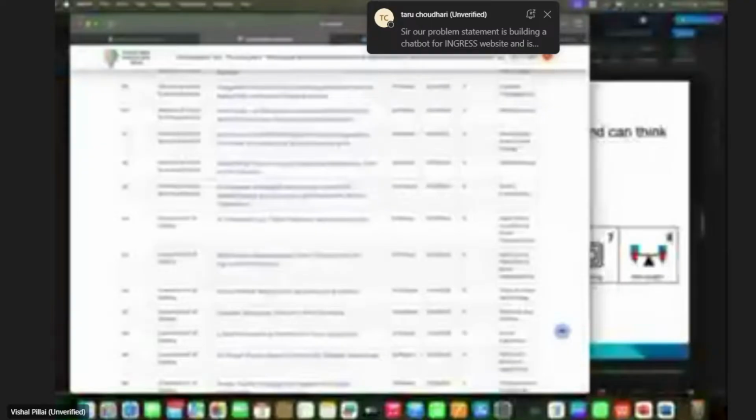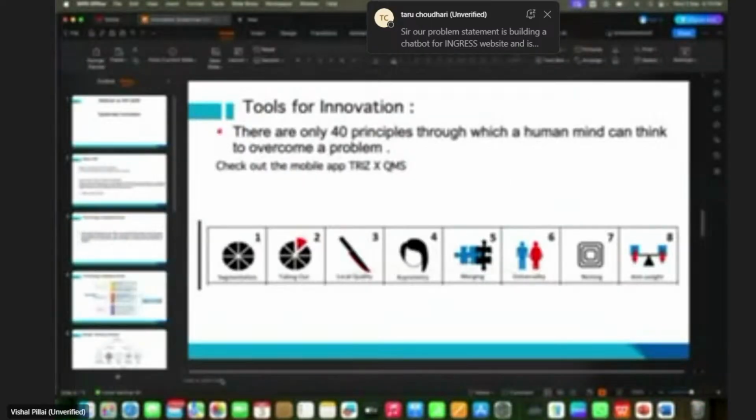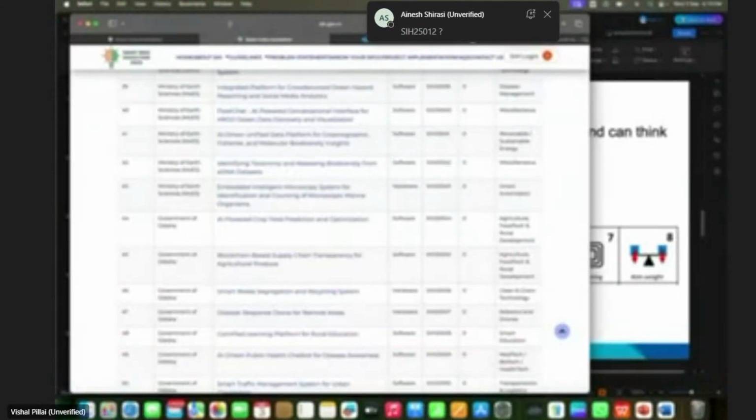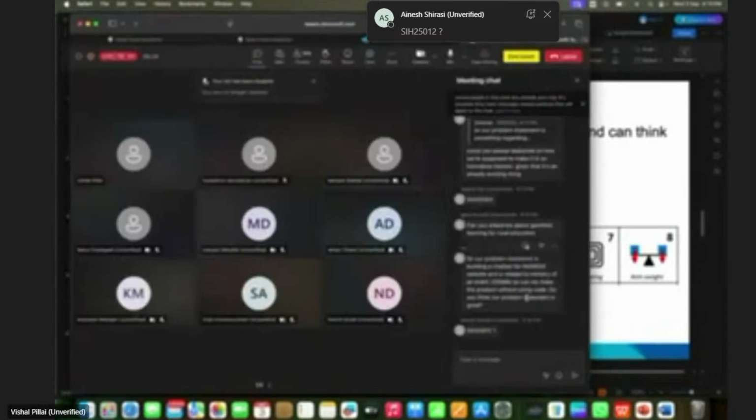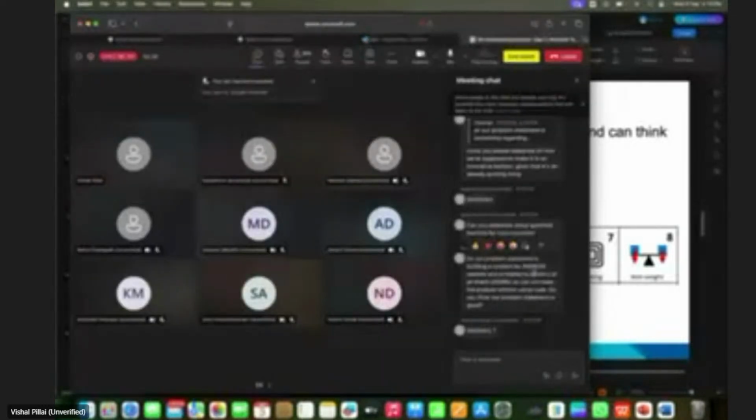I will just check if there is any specific chat or any specific area related to which you are asking me. Just a second, I'll check. For building a chatbot for the Ingress website related to the Ministry of Jal Shakti.